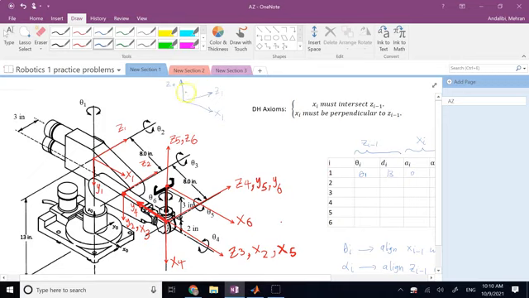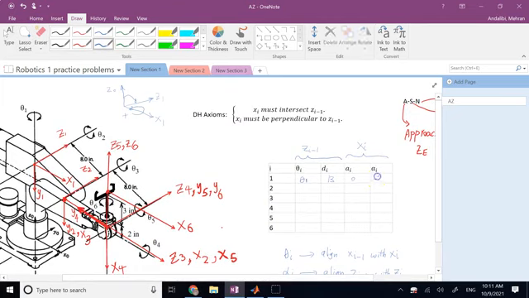You definitely need to rotate this 90 degrees clockwise to align, but the positive rotation about x1, if you use the right hand rule, is counterclockwise. Okay, so since the positive rotation about x1 is counterclockwise and you need 90 degrees clockwise, therefore your twist angle is going to be negative 90 degrees. Okay, so this is how you get row number 1.